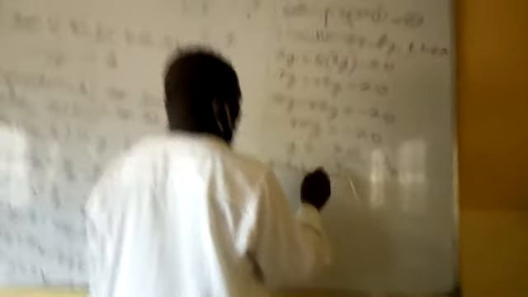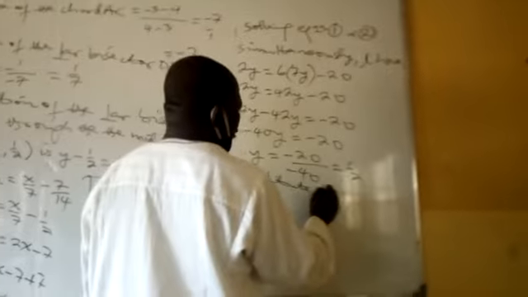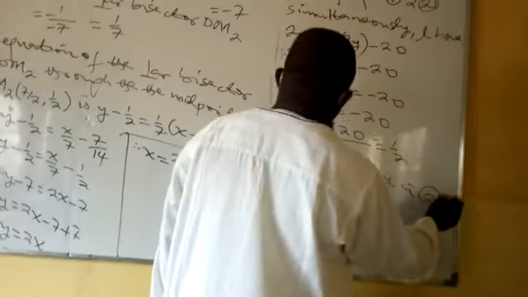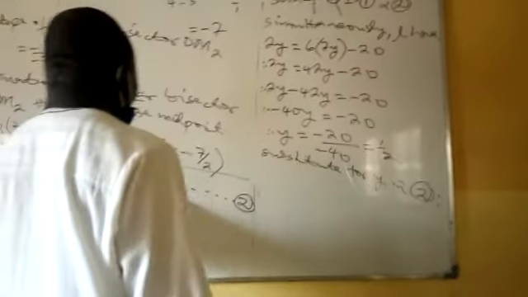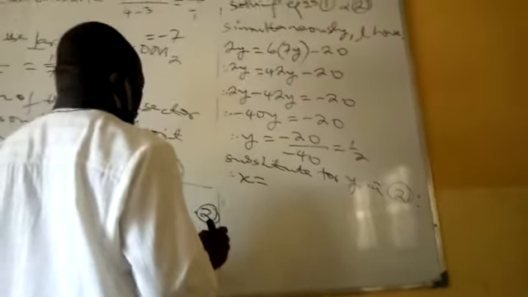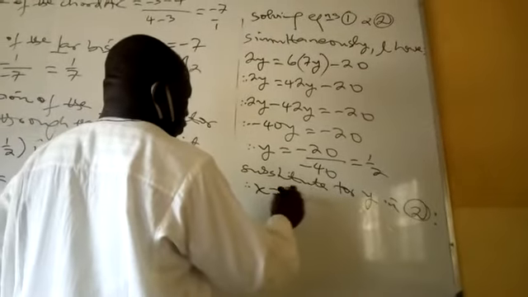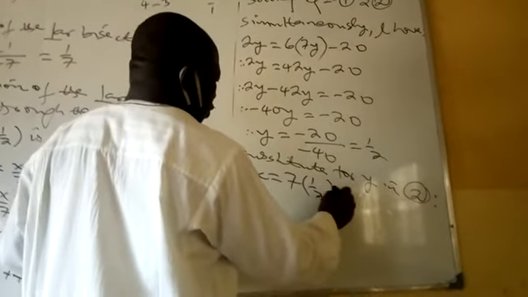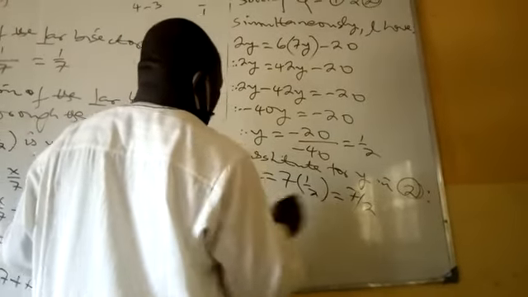So substitute for y in equation 2. My equation 2 is x equals 7y. So I have x equals to 7 into half, which is 7 over 2.